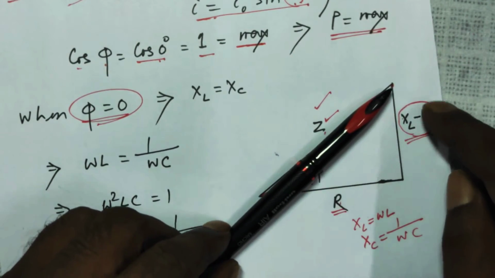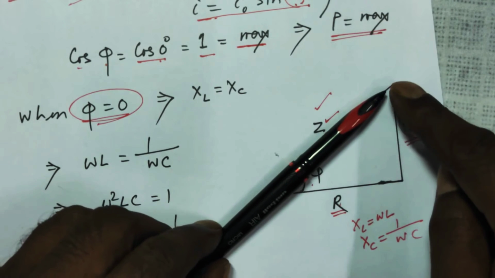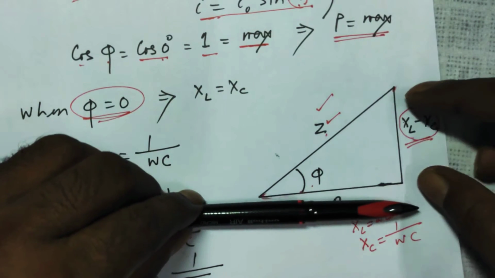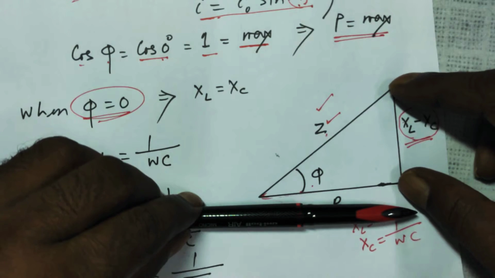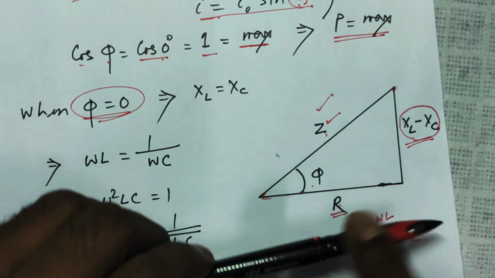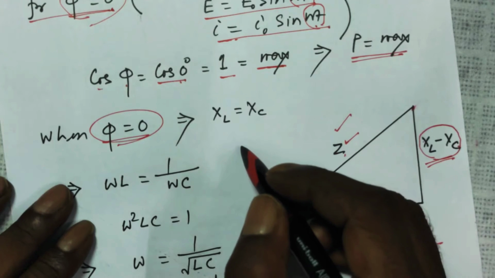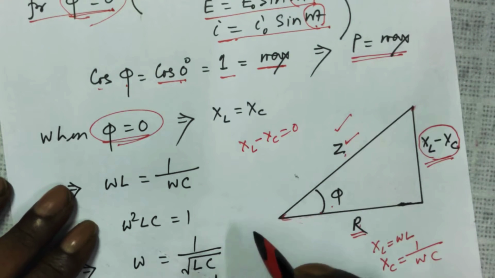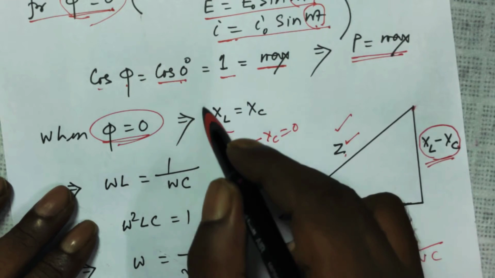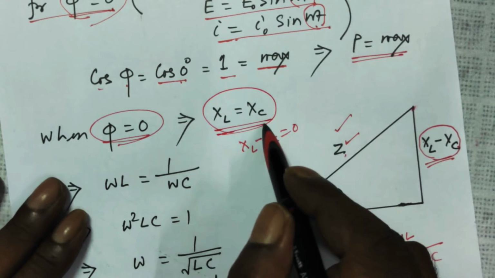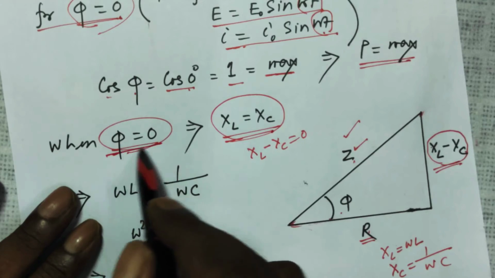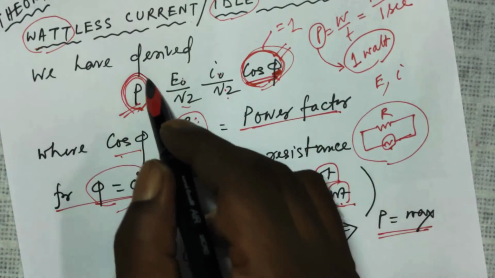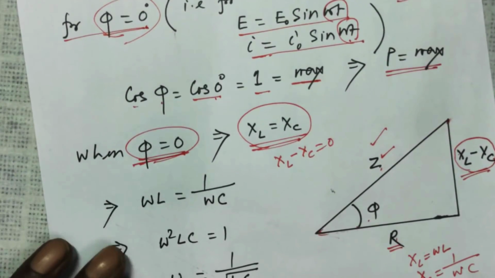Then only phi will be 0. Then the length of this side, XL minus XC, will become 0. That is same thing as saying XL minus XC is equal to 0, which is same thing as saying XL is equal to XC. Under this condition, your phi is equal to 0. Therefore, cos 0 is maximum. Therefore, power consumed is maximum.